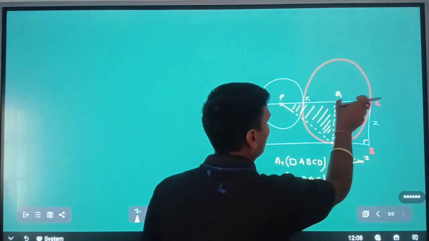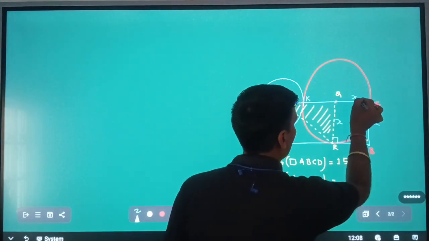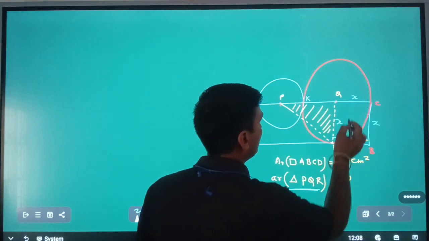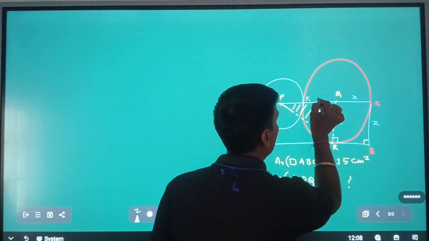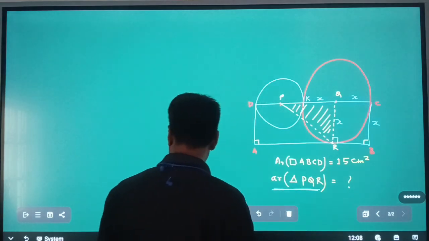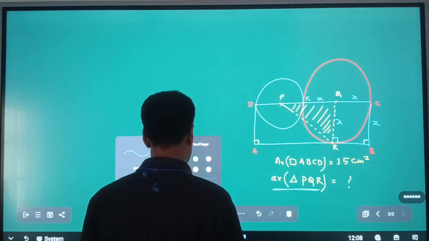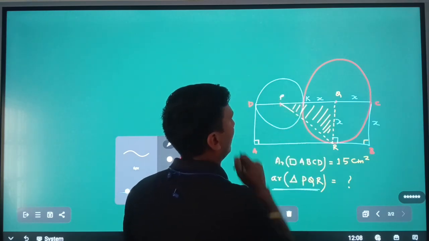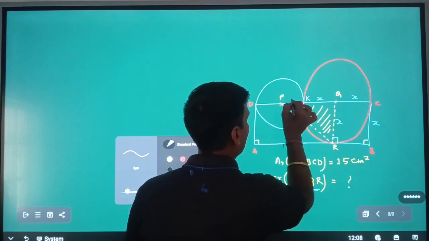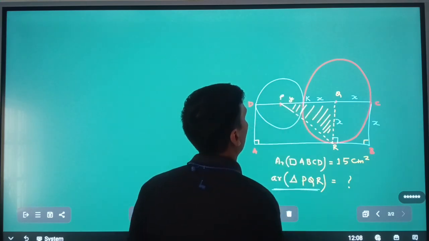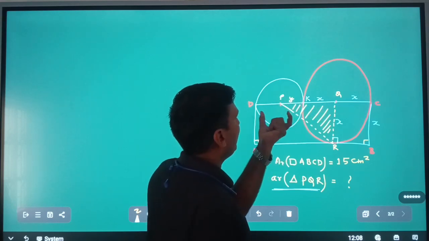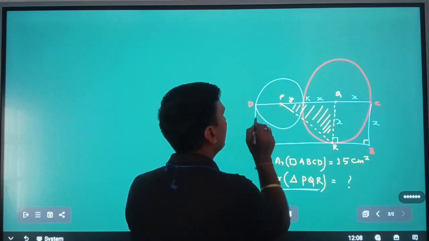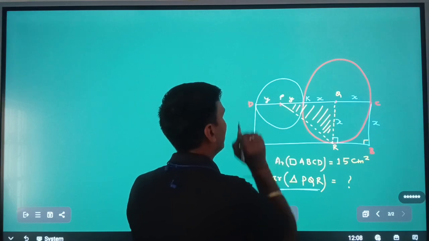In this case QC is the radius, so this can also be taken as X. So QC is X, and KQ will also be X. Now if I see the smaller circle, suppose the radius of the smaller circle is taken as Y. So PK is the radius of the smaller circle. Similarly, PD will also be the radius of the smaller circle.